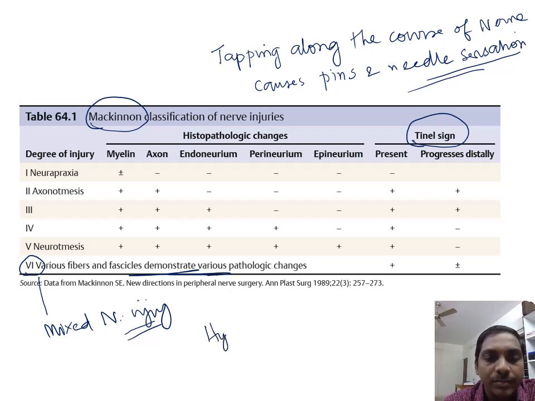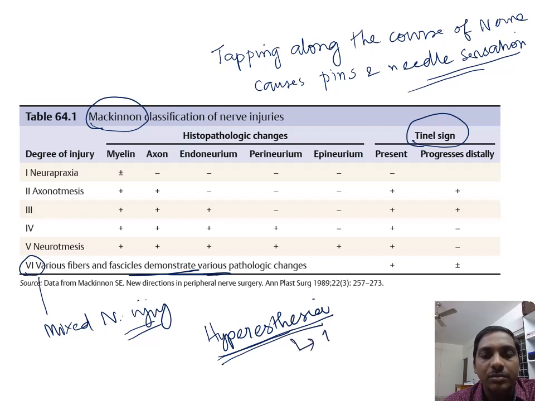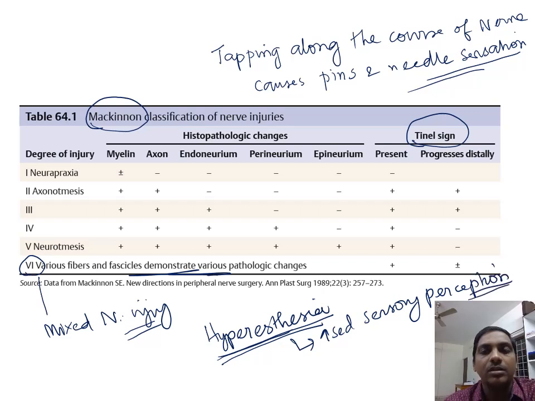Hyperesthesia means increased sensory perception. That means it can mostly be described as increased pain, also termed as hyperalgesia. So this hyperesthesia is mostly common with incomplete sensory nerve injury.